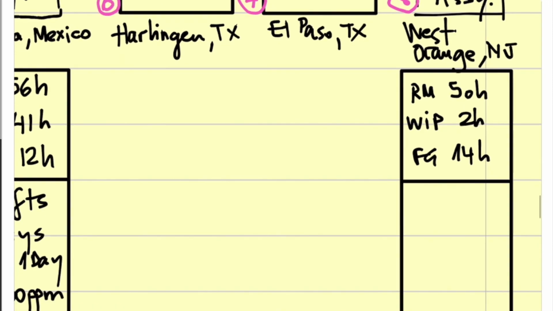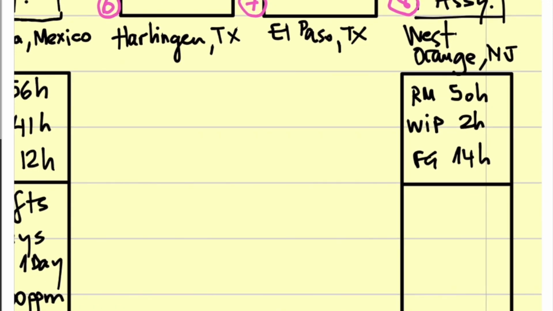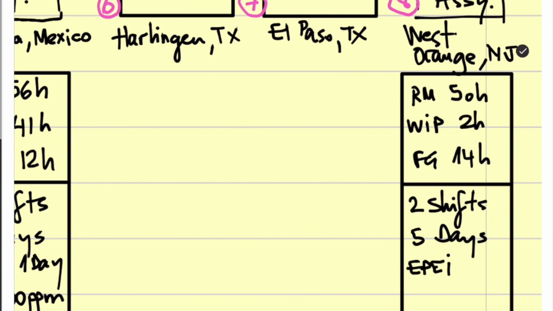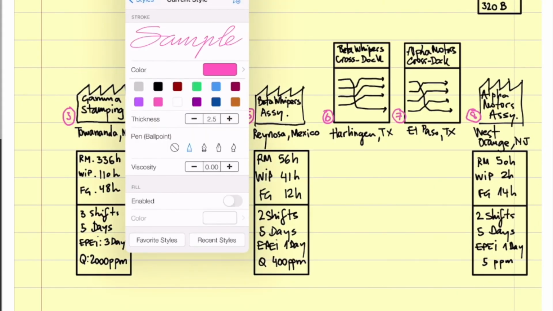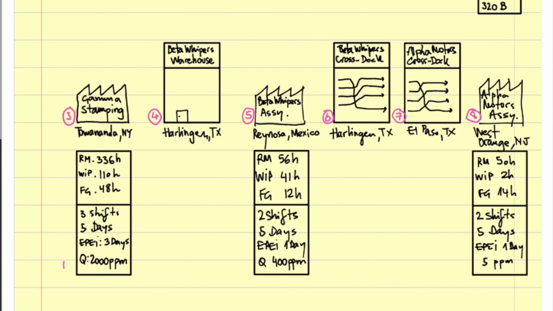The closer we get to the final customer, the less inventory we should be running because it gets more expensive. 2 shifts, 5 days, EPI of 1 day, and 5 ppm. Okay. So I guess this is number 10. Number 11 and number 12.